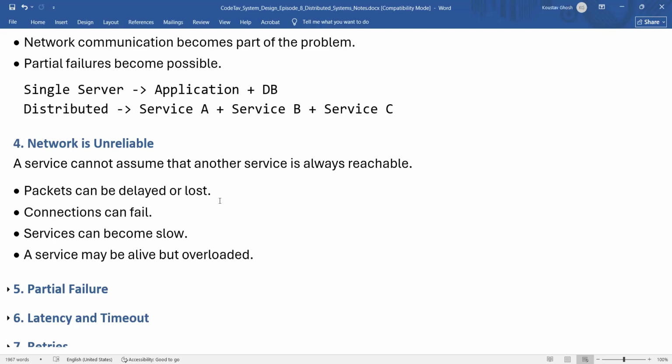Now this is a network call, and networks are not perfect. The request can take longer than expected, get lost, fail, be delayed, or reach the server but the response may get lost. So we should never assume a network call will always succeed. This assumption creates many production problems.